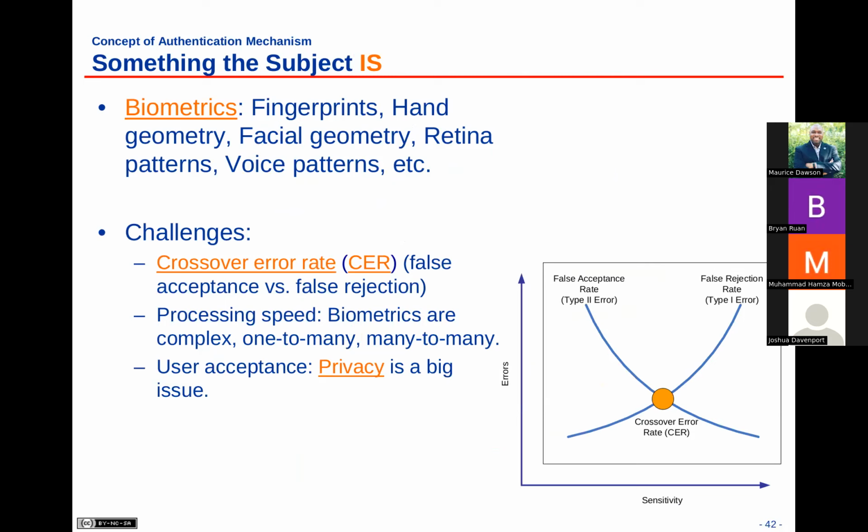All right. So one of the challenges with biometrics, there's a number of things we'll talk about, but one of the biggest challenges is the crossover error rate. This is the false acceptance versus the false rejection. There's a lot of issues with biometrics, especially facial recognition. Facial recognition for those of color is not good.